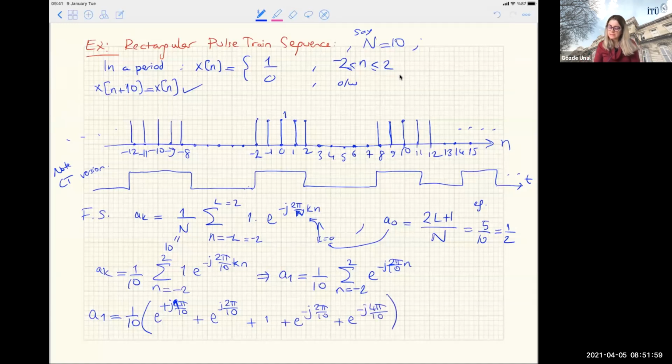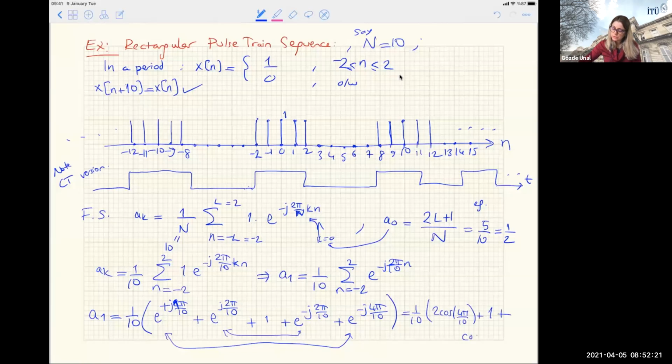So you guys can see we could sum some of these up to get sines, cosine here in this case. So I would really have 1 over 10. I would then need 2 cosine 4 pi over 10 plus, okay, 2's cancel, but plus 1, plus 2 cosine 2 pi over 10.